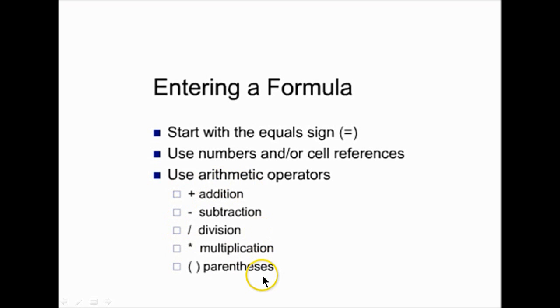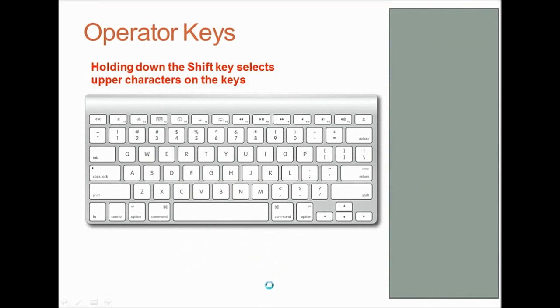So what we'll do next is have a look at these operators here and how do we get them. Here we have a keyboard, and what you've got to bear in mind is that holding down the shift key selects the upper character on all the keys. So if we look here at number 8, the only way we can get the upper symbol is to hold down the shift key.